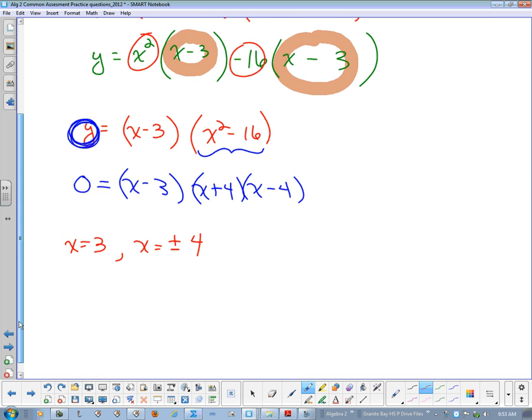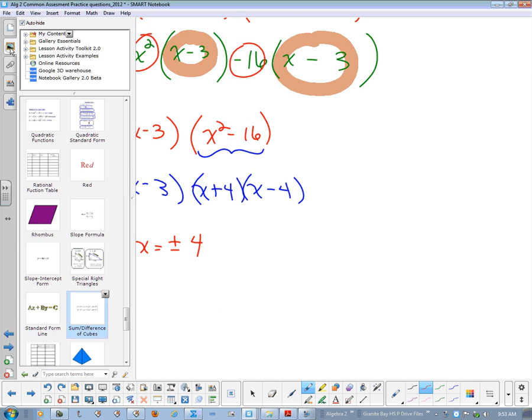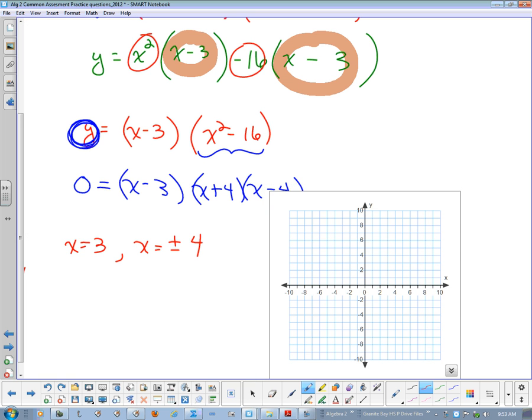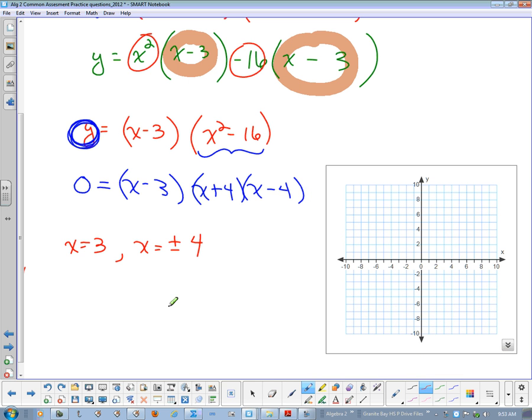Sorry. All right, if I'm going to graph this, this is important. I'm going to put points at 3, positive 4, and negative 4. So here's 3. Here's positive 4. Here's a negative 4.